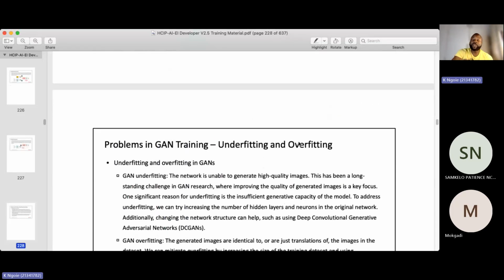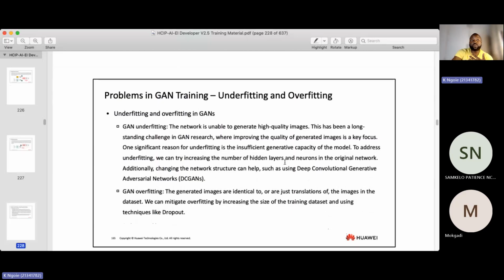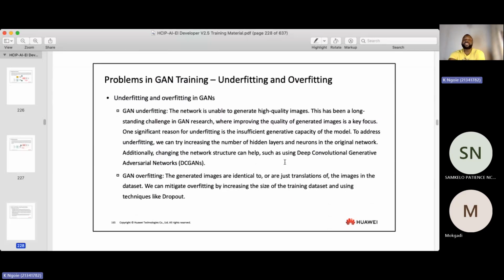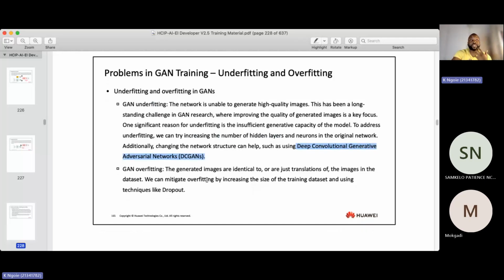But when training a GAN, we may also have the problem of underfitting and overfitting, just like we can have with other neural networks. When we have a problem of overfitting or underfitting, we need to solve it by either increasing the number of hidden layers, or we can also introduce other structures such as DCGAN, a deep convolutional generative adversarial network, which is a type of GAN that uses a different structure.